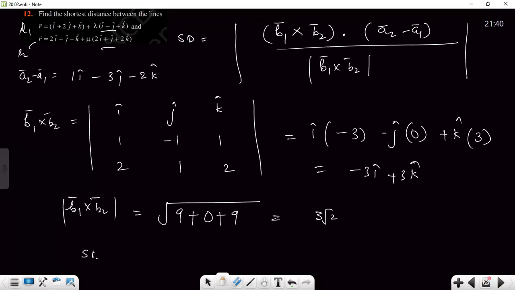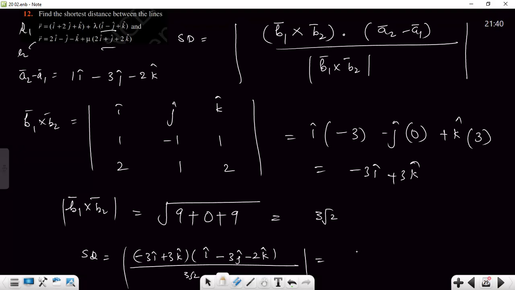Now let's find the shortest distance. Dot product with A2 minus A1, divided by the modulus of 3 root 2. So minus 3 into minus 1 is 3, 0 into minus 3 is 0, plus 3 into minus 2 is minus 6. That gives minus 3 over 3 root 2... the numerator comes out as minus 9 over 3 root 2, 3 cancels.